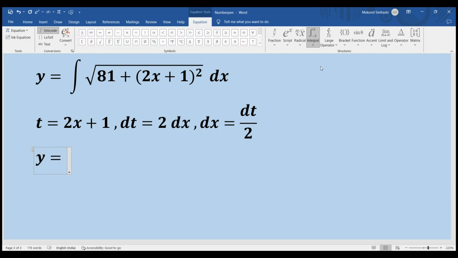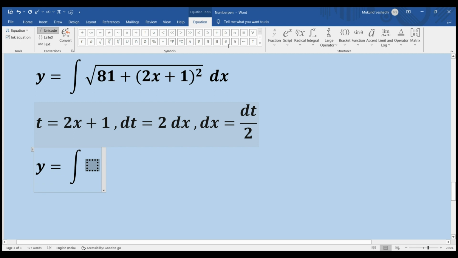So my y becomes the integral of square root of my 81. Now I'm going to write this as 9 square, and then I have my 2x plus 1 the whole square. Please notice that we have made the substitution t equals 2x plus 1, and therefore (2x plus 1) the whole square becomes a t square.